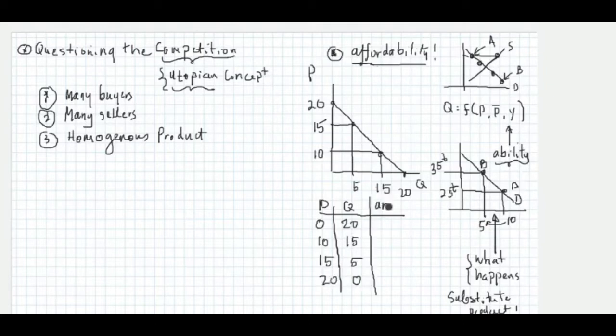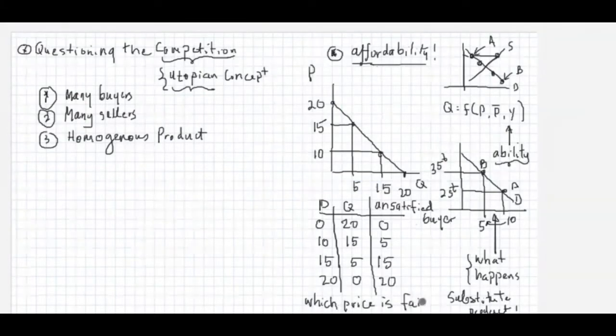So if I'm looking at unsatisfied buyers: 0 unsatisfied buyers, 5 unsatisfied buyers, 15 unsatisfied buyers, and there are 20 unsatisfied buyers. Next question is, which price is the fair price? Say 10. Why 10? How do you define fairness in a market?